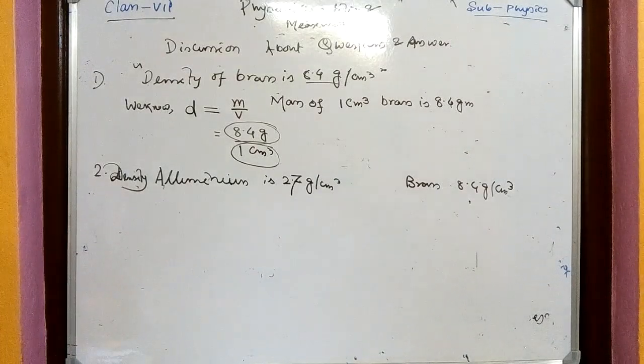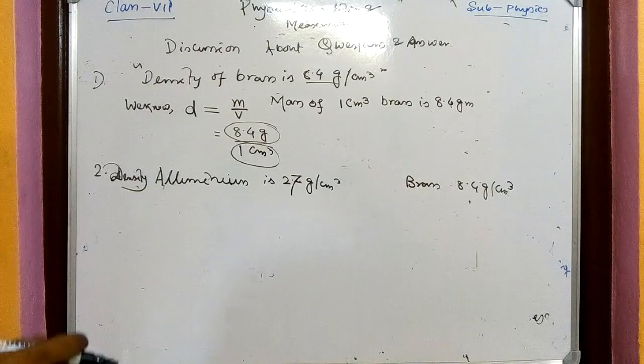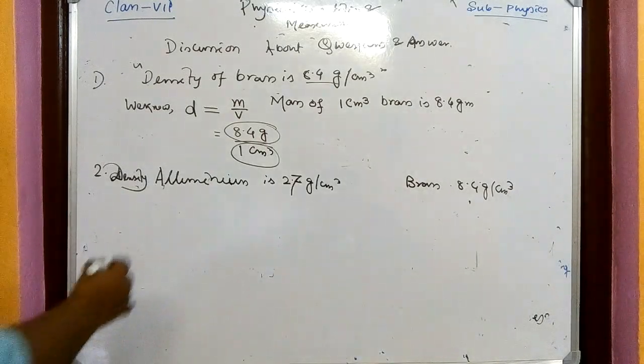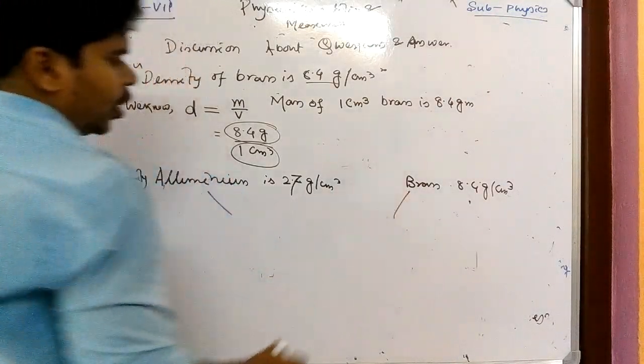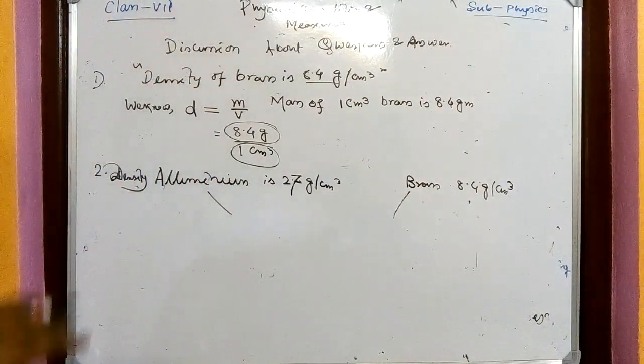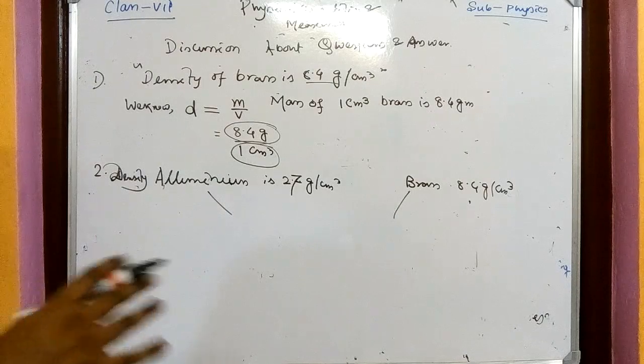So two densities are given to you. If I have taken the same mass of both aluminium and brass, then what do you understand from their volume?